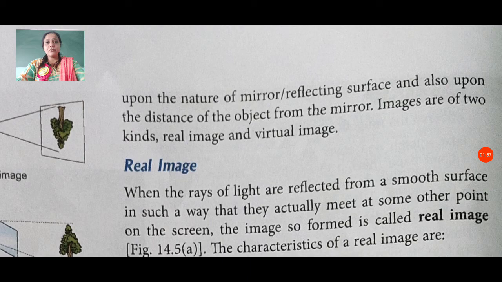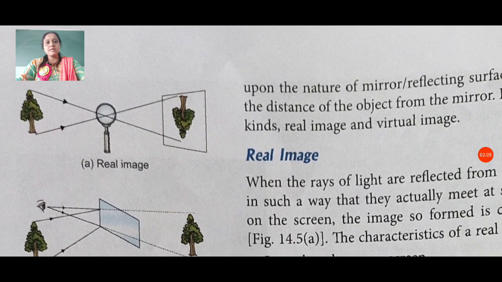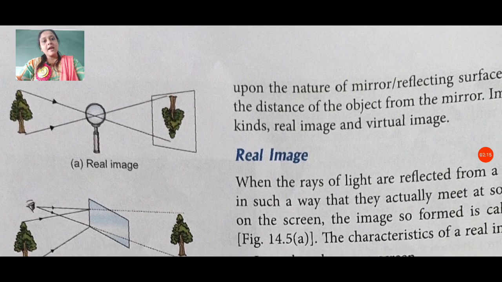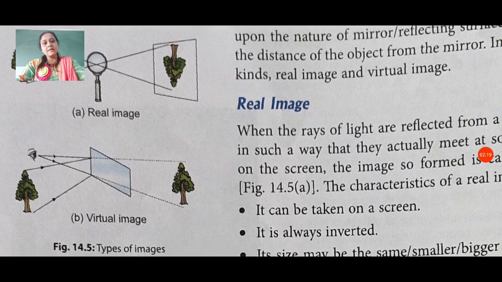Images are of two kinds, real image and virtual image. You can see them here in the picture. First is the real image of the object. Then in between we can see one type of lens used there, and a different type of image is formed there.